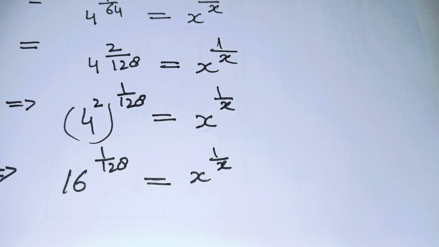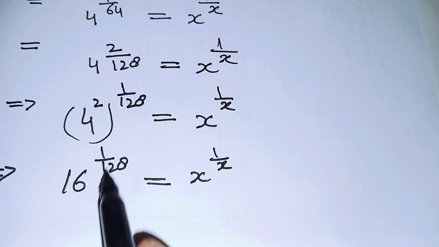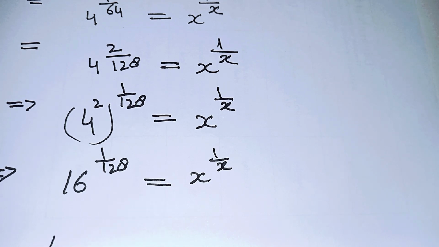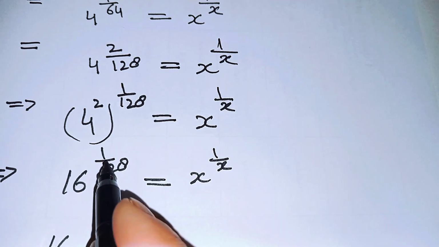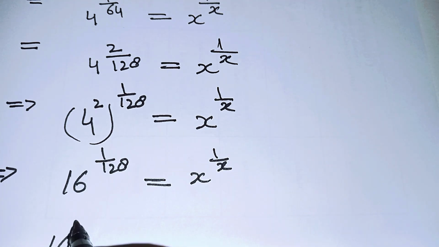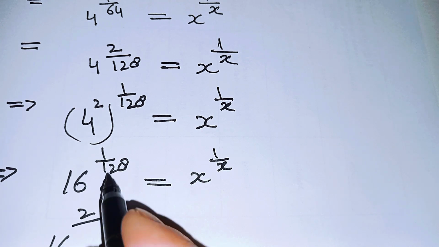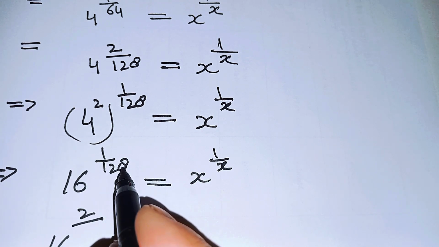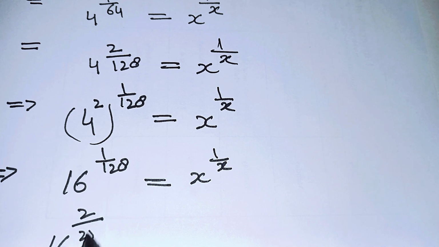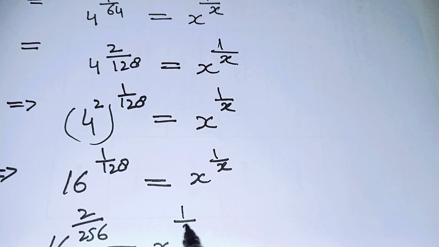And now again we multiply 2 with this exponent 1 over 128. So this 16, multiplied by 2, 2 ones are 2, and over 128 times 2 is equal to 256, is equal to x to the power of 1 over x.